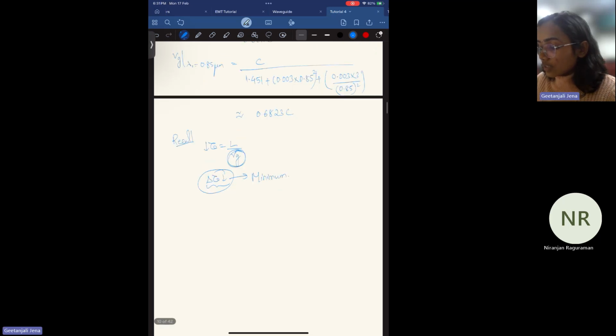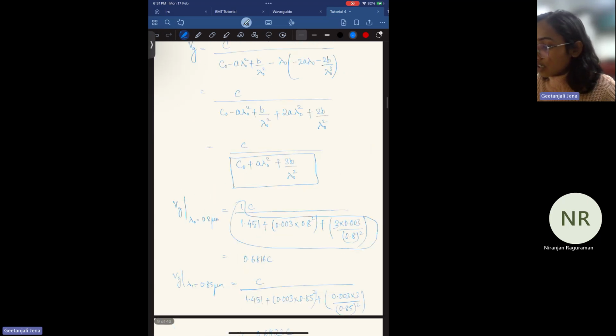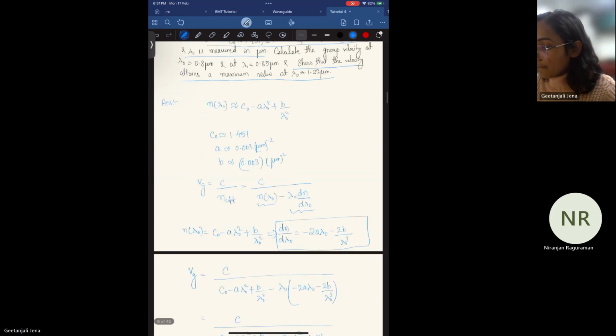Okay. So delta tau, if you recall, is directly proportional to d square n over d lambda 0 square. So this will be minimum when we equate it to 0. So what is d square n by d lambda square?